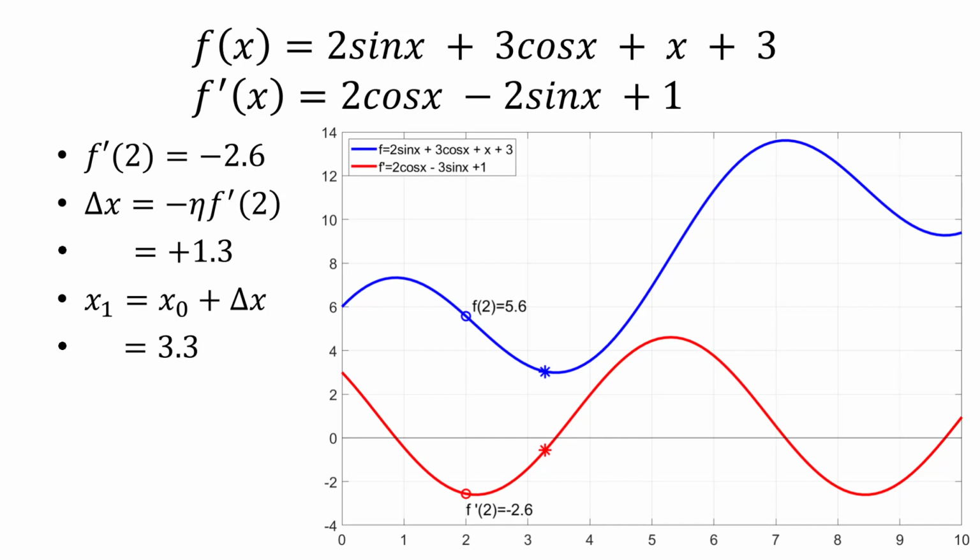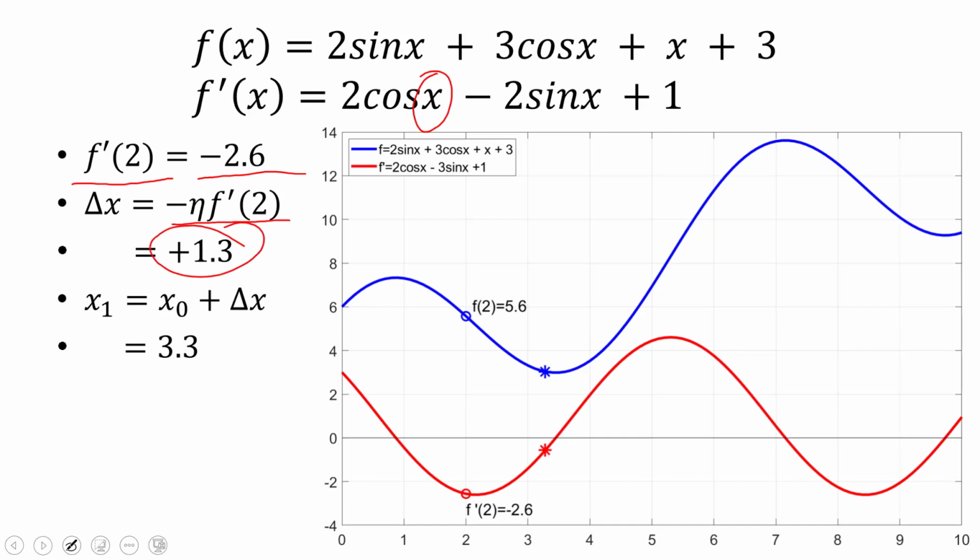We take our initial guess of x equals 2 and find the derivative at that point. I just plugged in 2 into x in this formula and found out that the derivative is equal to minus 2.6. This step is minus eta times the derivative, which gives us minus 0.5 times minus 2.6, resulting in plus 1.3.